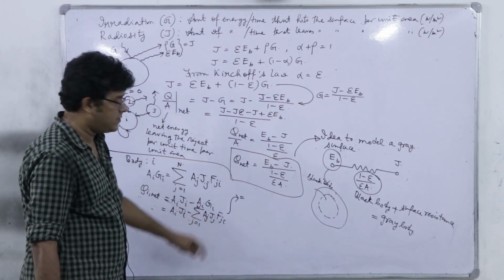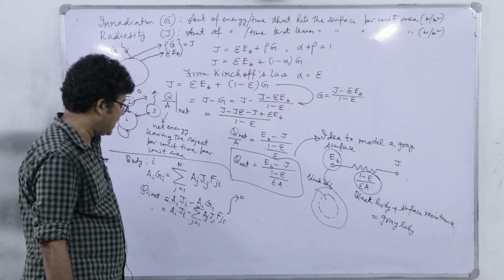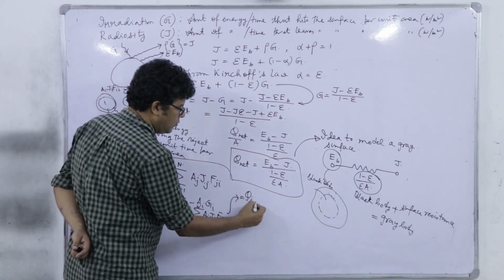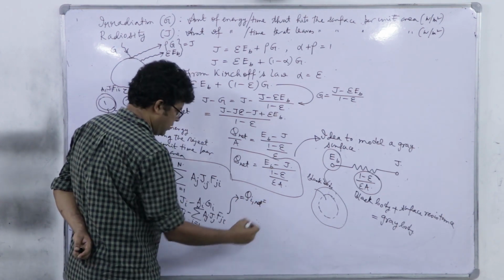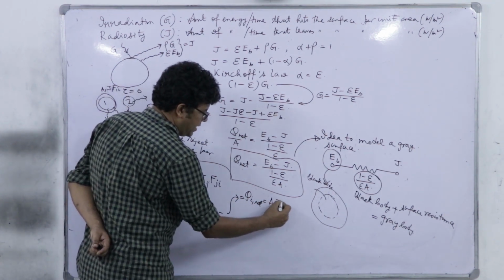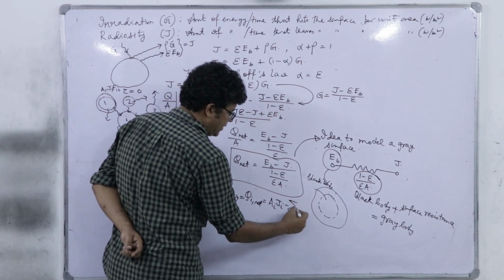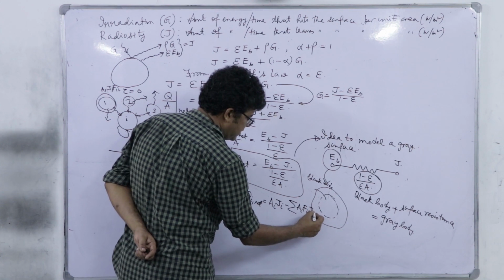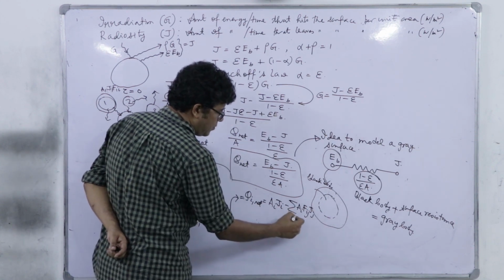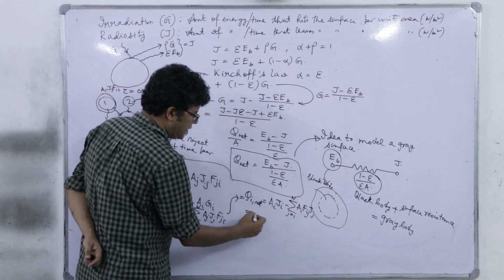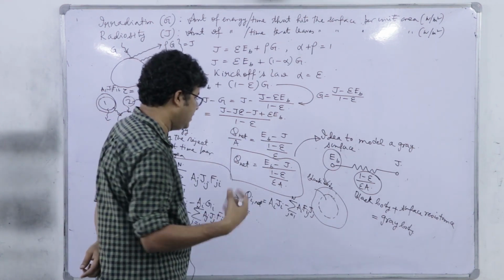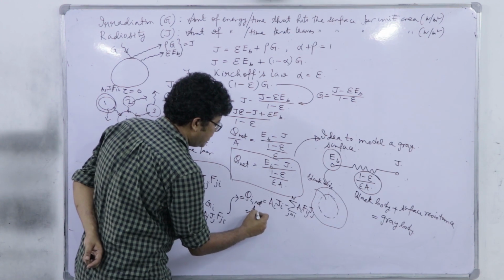Now Aj Fji by reciprocity of view factor is equal to Ai Fij. So you can write further that Qi net is equal to Ai Ji minus Ai Fij Jj, summed over j equal to 1 to n. Now in order to include the first term within the summation, we will use the summation rule. What is that?